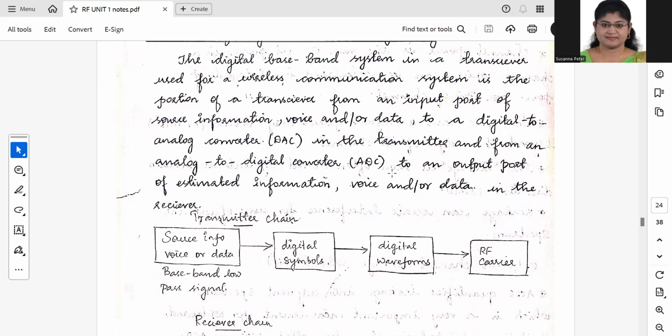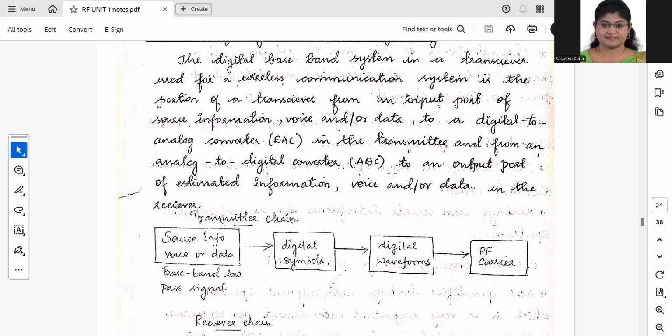The second one is our channel encoder. It performs error detection and correction, using Hamming code, turbo code and so on. Then we have line coding, which converts the bit stream into a signal suitable for transmission over the channel.